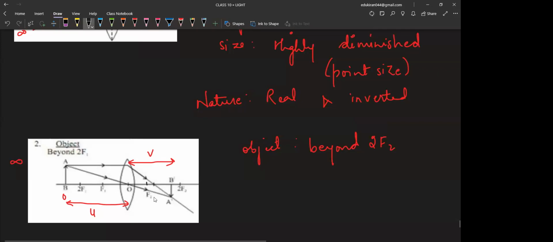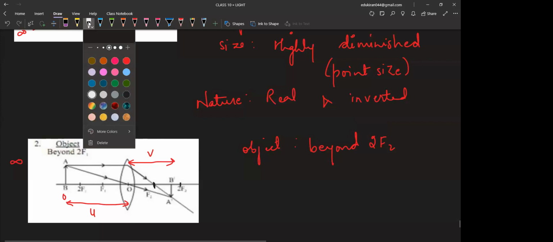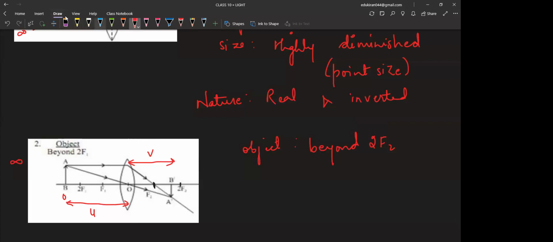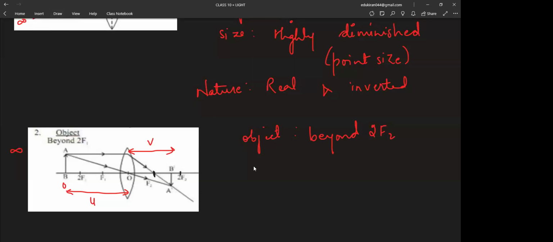Here we have our F2. This is 2F. Or you can even look at this one. This is F2. This is F1. So where is our image formed? Between F2 and 2F2.